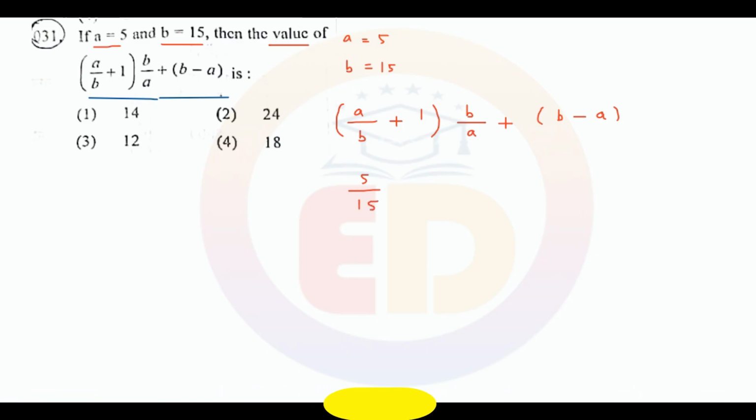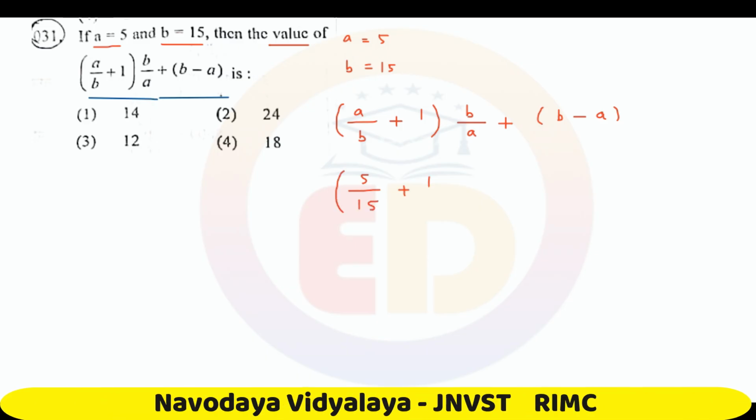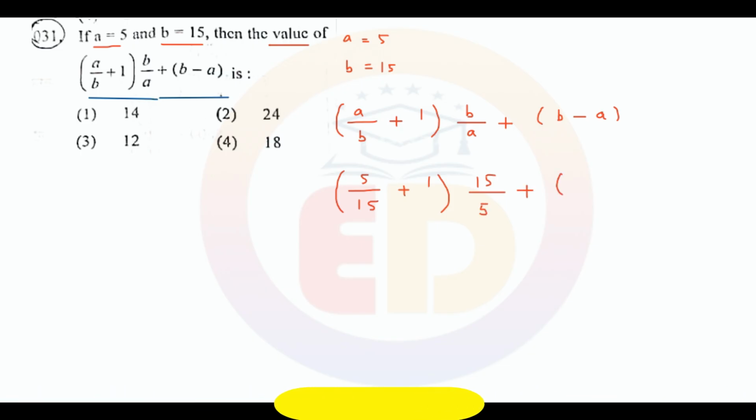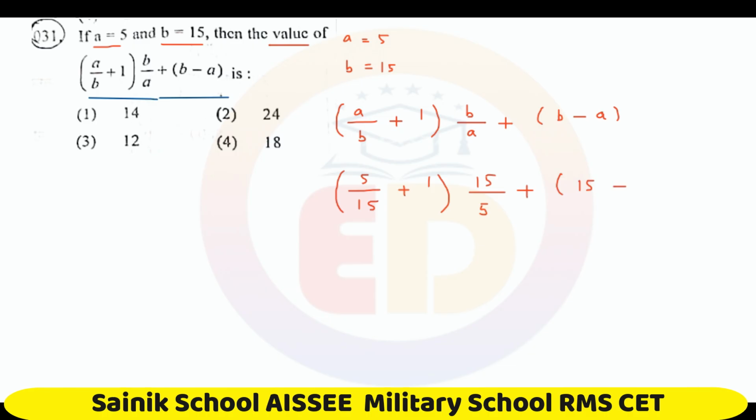So the equation will be 5 upon 15 plus 1 bracket, B is 15 upon A is 5, plus bracket B is 15 minus A is 5.